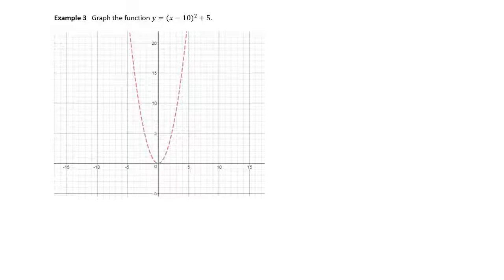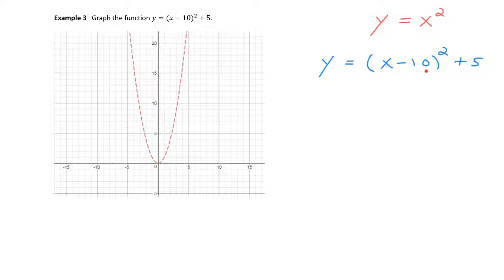And for the last example, example 3 here, we're again starting with the function y equals x squared, but our goal is to graph (x minus 10) squared plus 5. So I'll do that in blue. Essentially, we're taking the ideas from the first two examples and putting them together. If I look at this function, there's two things that are different.